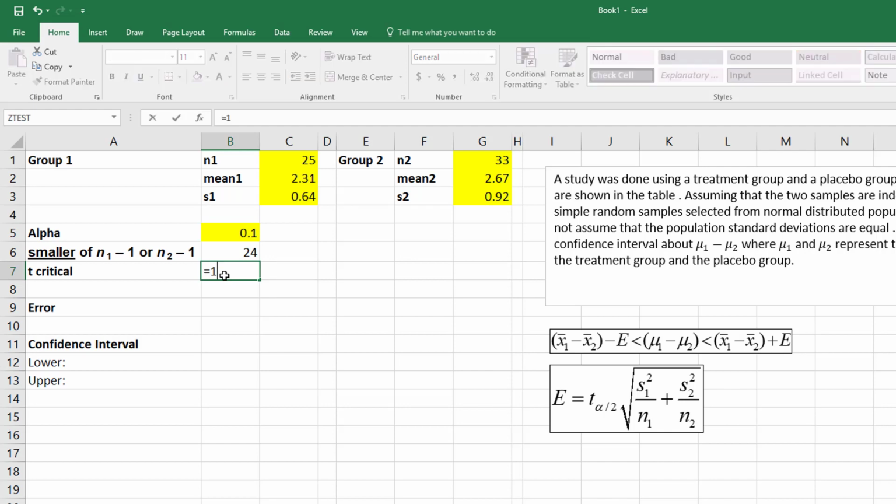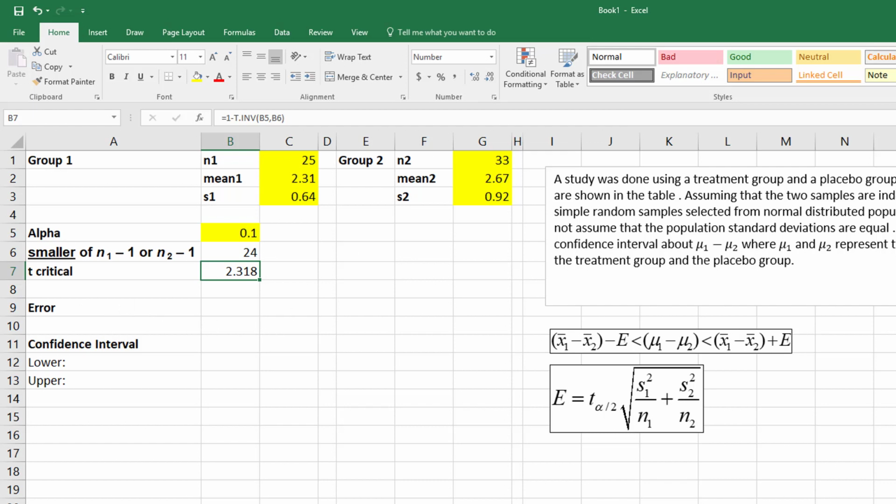So I'm going to do 1 minus my T.INV, my probability, my alpha, comma, my degrees of freedom, and that's my critical value. As I mentioned in the other video, you can decrease the decimal if you don't want to see so many decimal places.